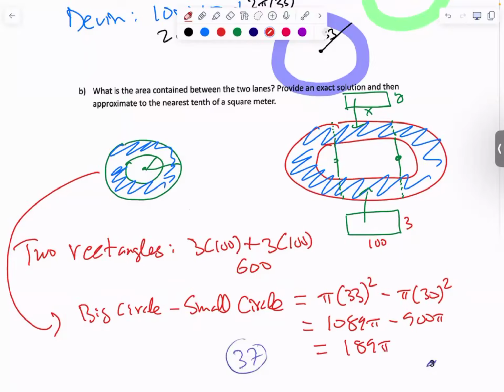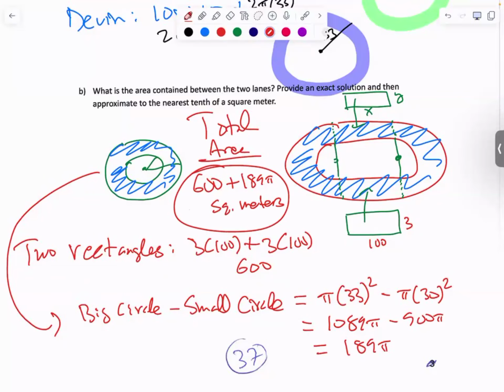And so if we put it all together, 600 plus 189 pi, and that's how you get the exact answer. But remember, you have to do the big circle minus the little circle to get that shaded portion. It's like a donut, right? If you think about it, it's kind of like a donut.